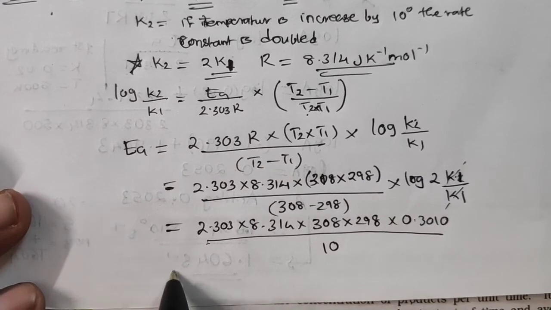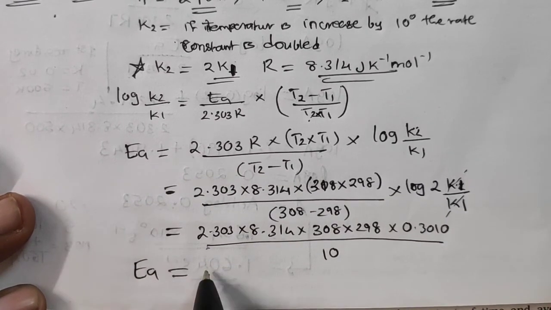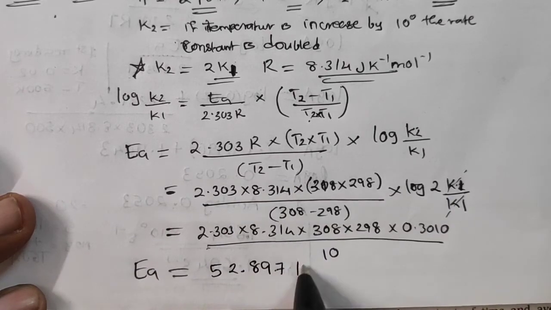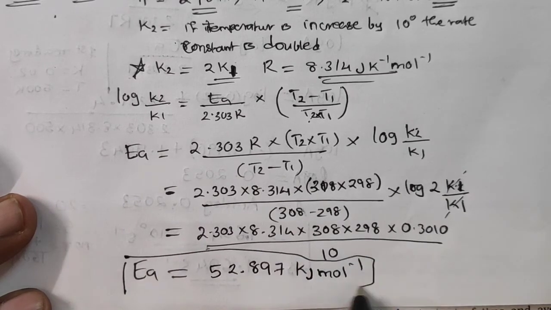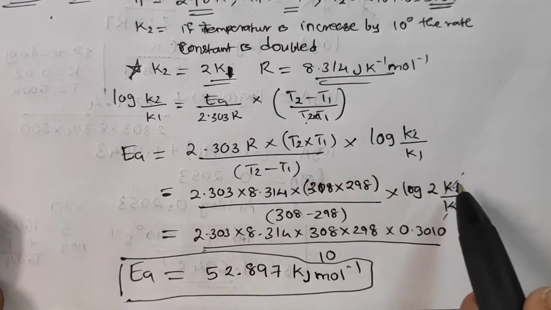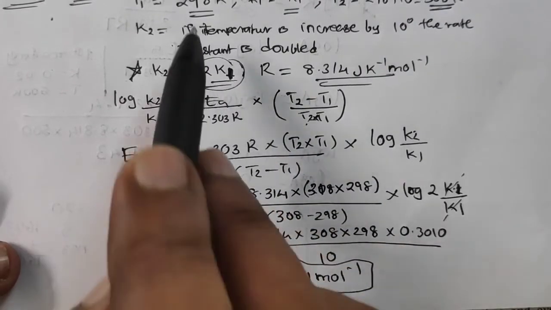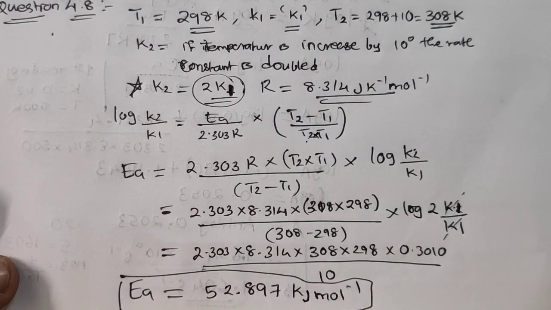If you simplify this, you will get EA equal to 52.897 kilojoule per mole, sorry, joule per mole. This is the value of EA that we got. Understood this part? Here this is the main part, remember: the rate constant gets double of what it was in the beginning.